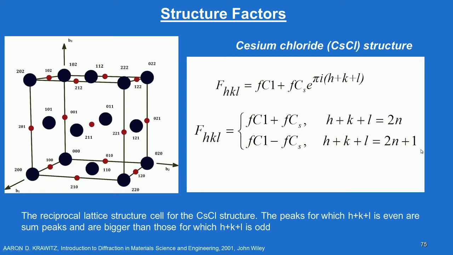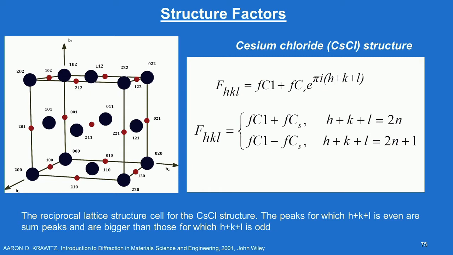What you have to appreciate in this particular example is, though it is a BCC crystal, since chlorine and cesium are two different atoms, it is to be considered as two BCC crystals interpenetrating with each other. It is a kind of an ordered system, and you should also appreciate that since these two atoms are very different, chlorine and cesium, their scattering factor will be very different as an individual atom.